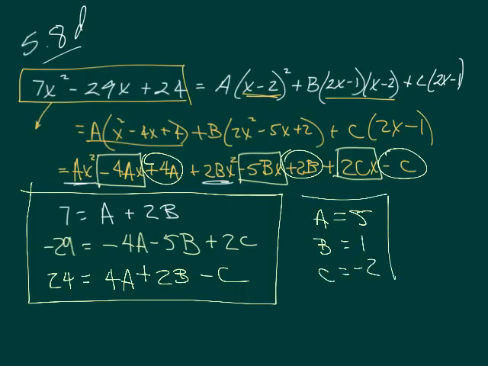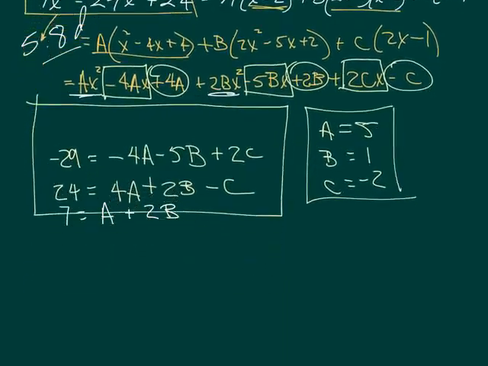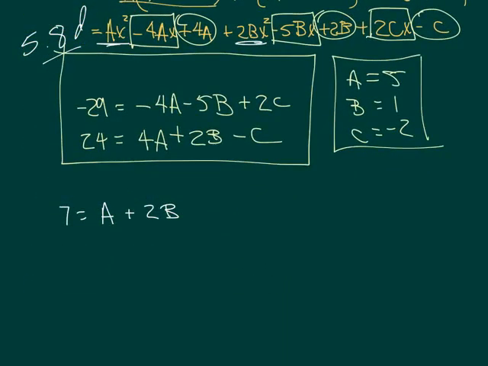And then I can put those in my numerators and get a over 2x minus 1 plus b over x minus 2 plus c, which is negative 2, so let's just make it a negative sign, negative 2 over x minus 2, the quantity squared.